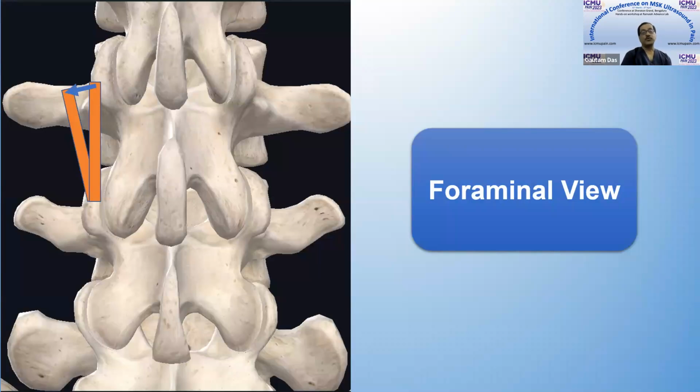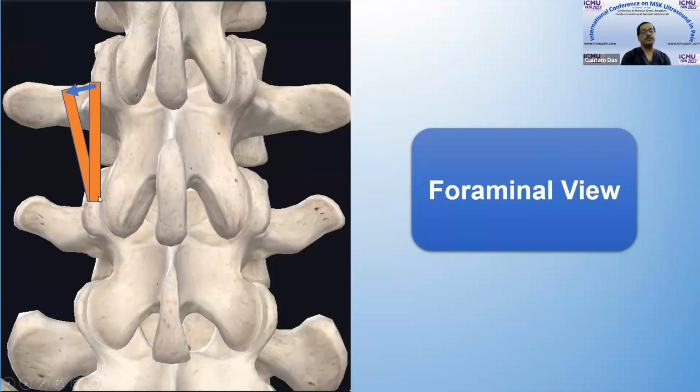The foraminal view. Through the foramen, we can see the structures in the foramen, and even through the foramen, you can see the disc as well. What we do here, after the home page view, is put the probe here with the 2 transverse processes. Then when we go more medially, we will be in the articular view. One will be here, another will be here. Now, keeping the distal end fixed, we take the proximal part back over the transverse process.